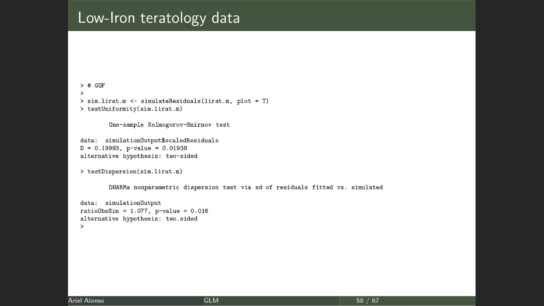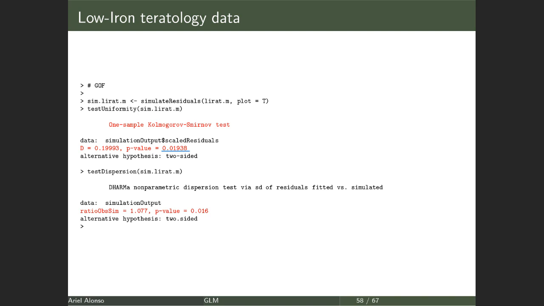And if you apply, for instance, the simulated residuals analysis to check the goodness of fit, you see that the Kolmogorov-Smirnov test rejects it. Remember that the residuals defined in this analysis should follow a uniform distribution, and it is clear that they don't.